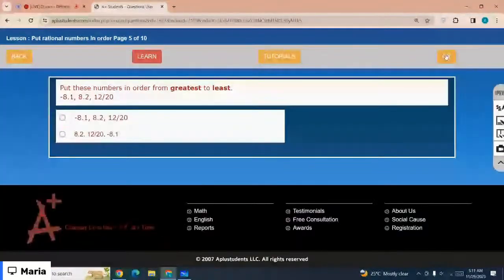Put these numbers in order from greatest to least. So which is the correct option? Option 2 is the correct option. Very good.